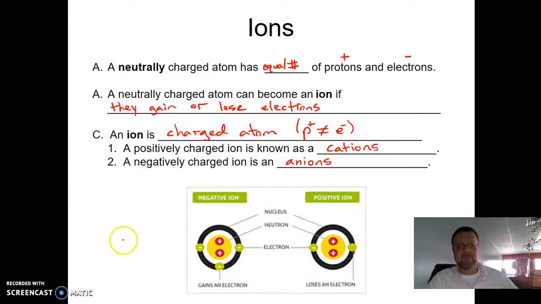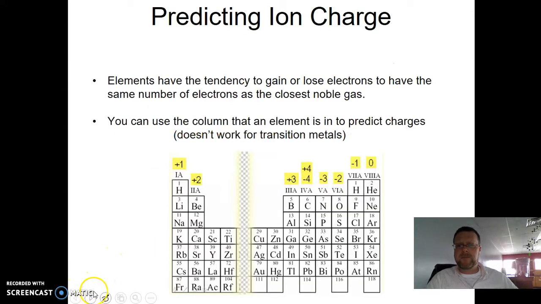Okay. All right, so you can predict the charge that ions will have after they've gained or lost some electrons, at least for the representative elements, because most elements have a tendency to gain or lose electrons to try to have the same number of electrons as the closest noble gas.